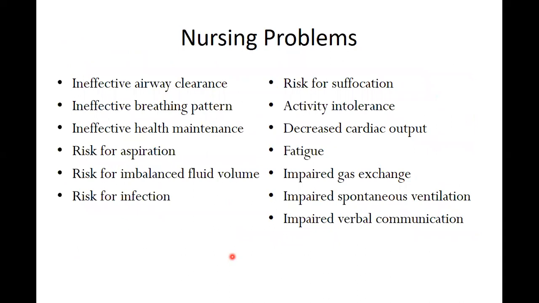What are some of the common nursing problems that you may come up with in a patient that has a respiratory problem? Ineffective airway clearance. Maybe when a patient has secretions in the airway, this will be a nursing problem. And then you can convert this to a nursing diagnosis. For example, you can say ineffective airway clearance related to accumulation of secretions in the airway as evidenced by wheezing or by stridor.